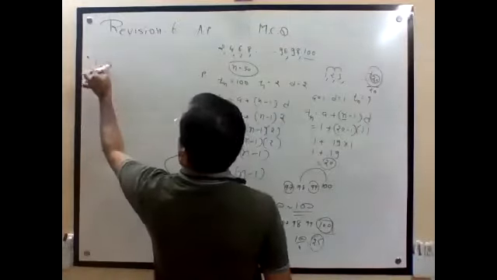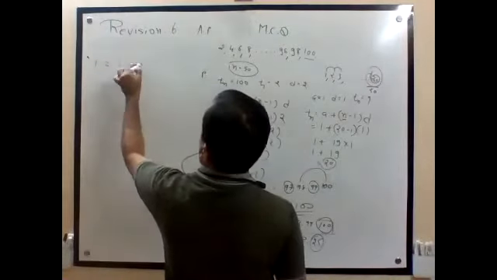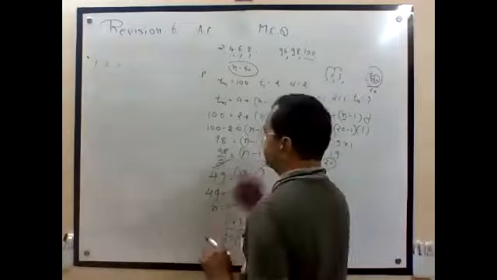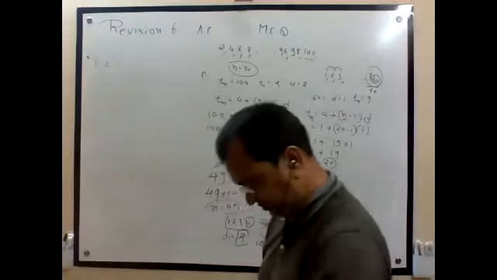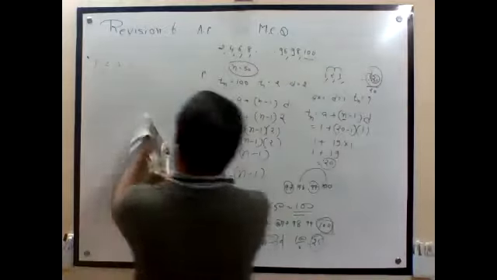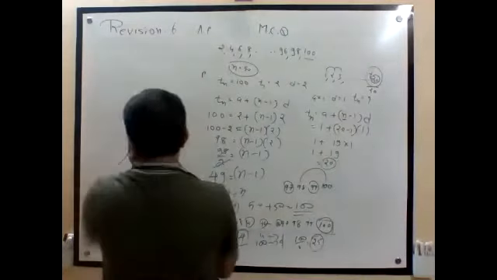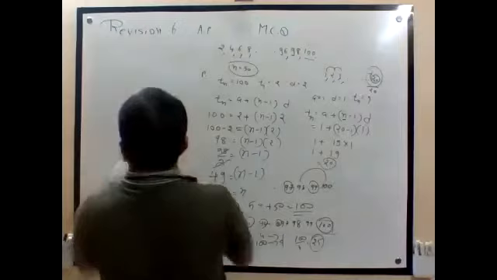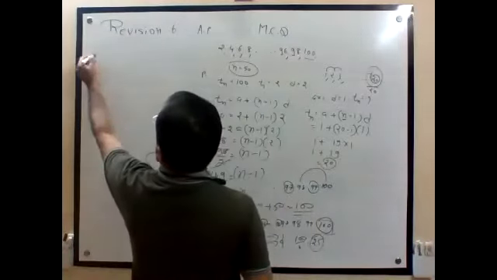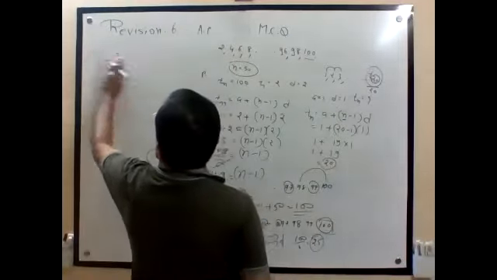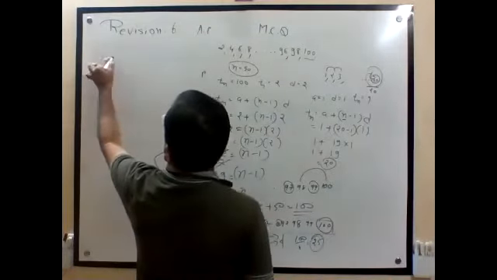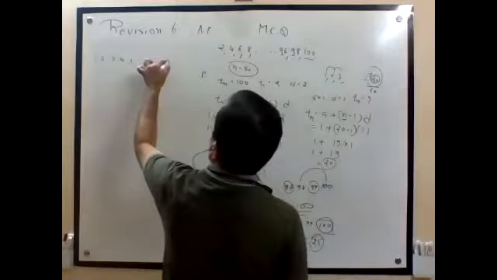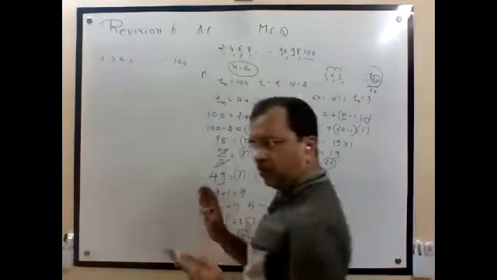That is 1, 2, 3, 4. We don't want all numbers.